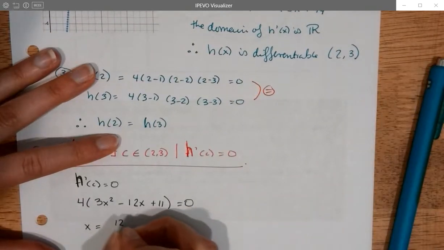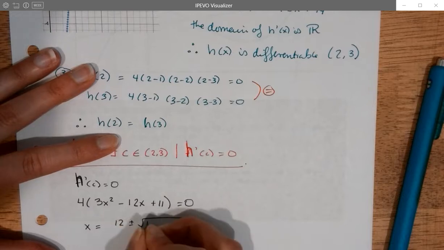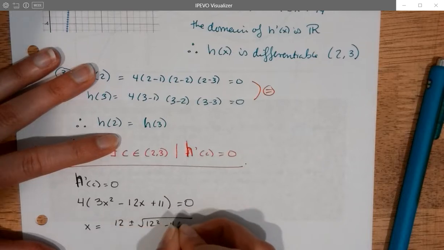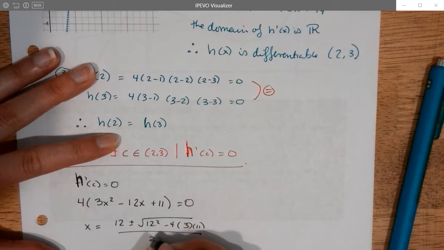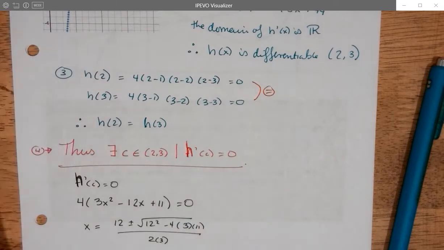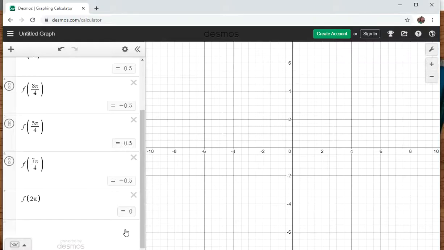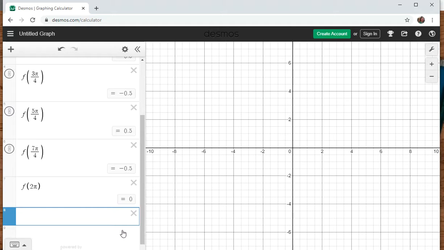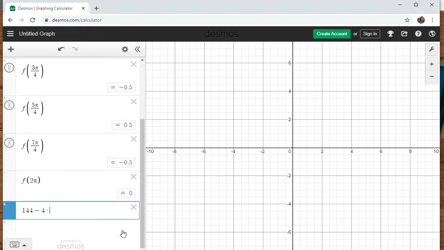X equals 12 plus or minus square root 12 squared minus 4 times 3 times 11 over 2 times 3. Let's go to a calculator real quick. We need to do 144 minus 4 times 3 times 11. Okay, so that's 12 plus and minus square root of 12 over 6.